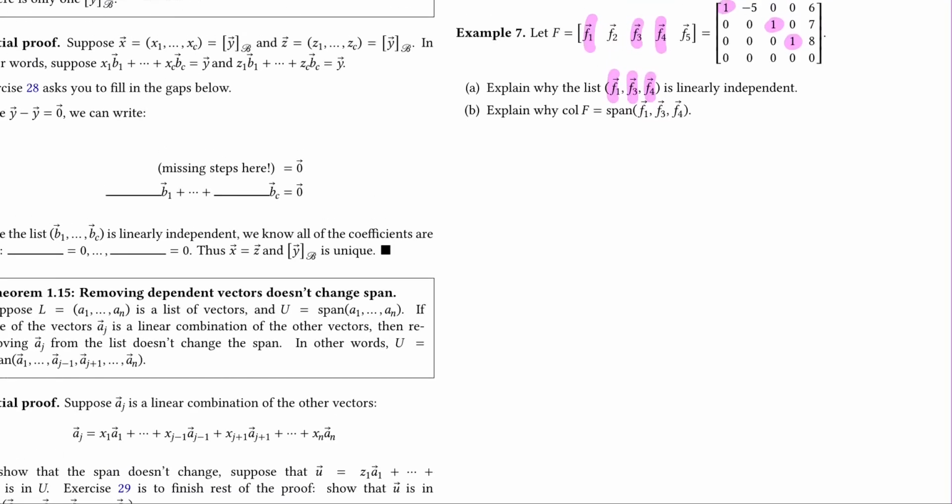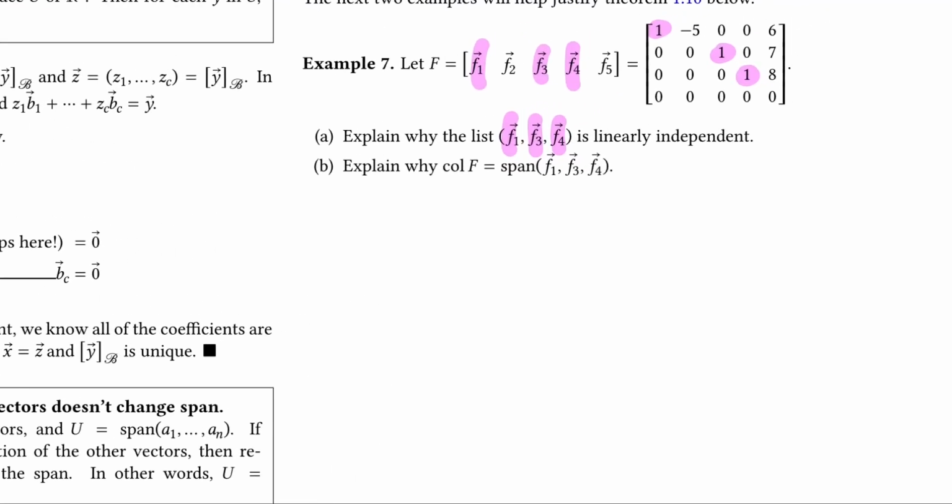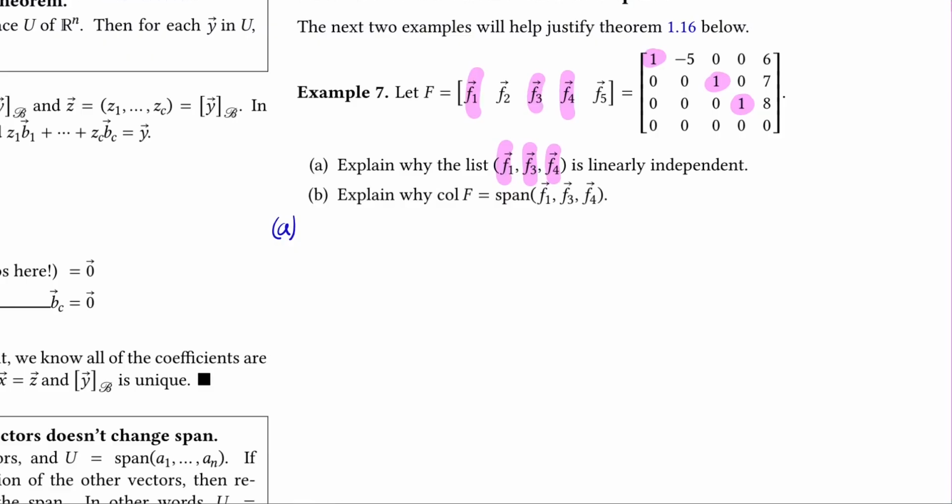And like I said, I want to try to explain why the pivot columns are linearly independent in general, especially when it's already in reduced echelon form, and why the column space of a reduced echelon form is equal to the span of the pivot columns, not just in this particular case. So first of all, when looking at A, what you notice about the pivot columns here is that because they're in reduced row echelon form, each of them has a 1 as the only non-zero entry in its column.